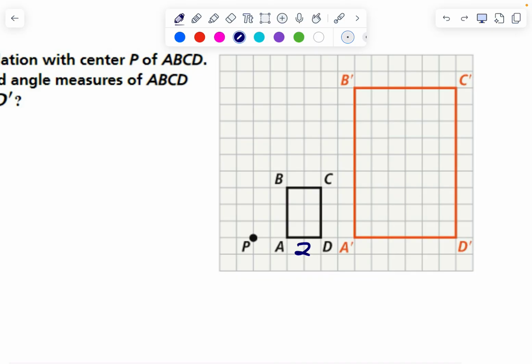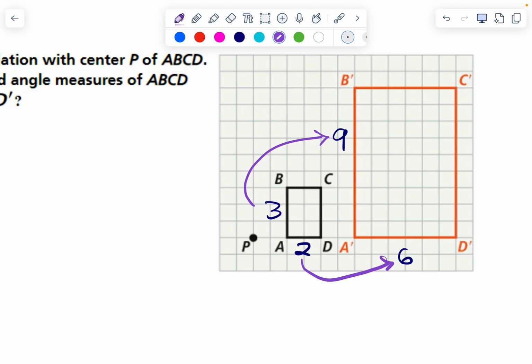Yeah, so 2 by 3. Okay? Now, obviously, the orange one is a larger version. So what are the dimensions of it? 6 by 9. Okay? So corresponding sides tell us that we have to go this bottom side to bottom and this left side to left side.